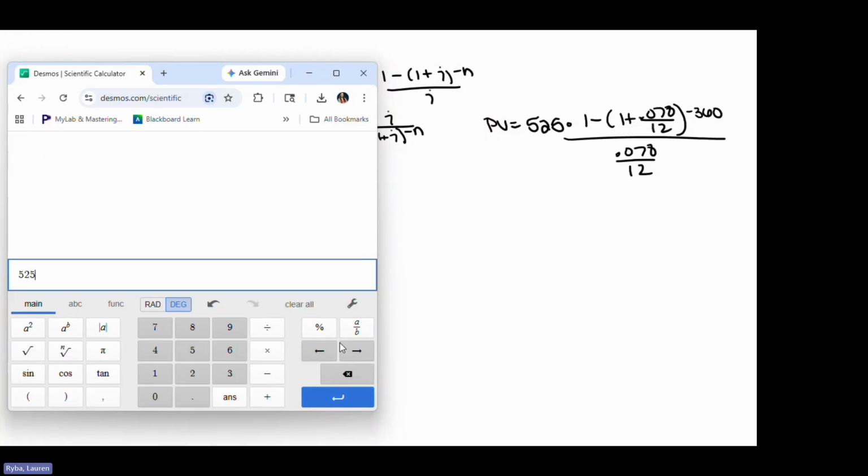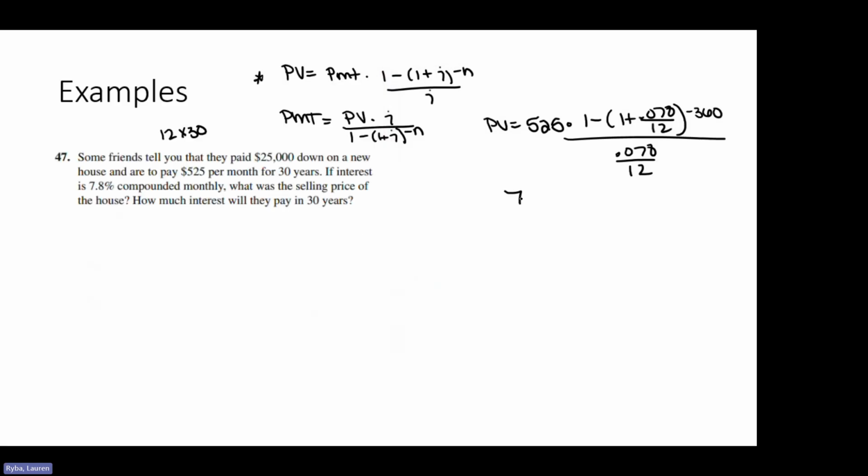We take 525 times 1 minus 1 plus 0.078 over 12 to the negative 360, over 0.078 over 12. We get the loan amount of $72,929.78. So that's the loan.